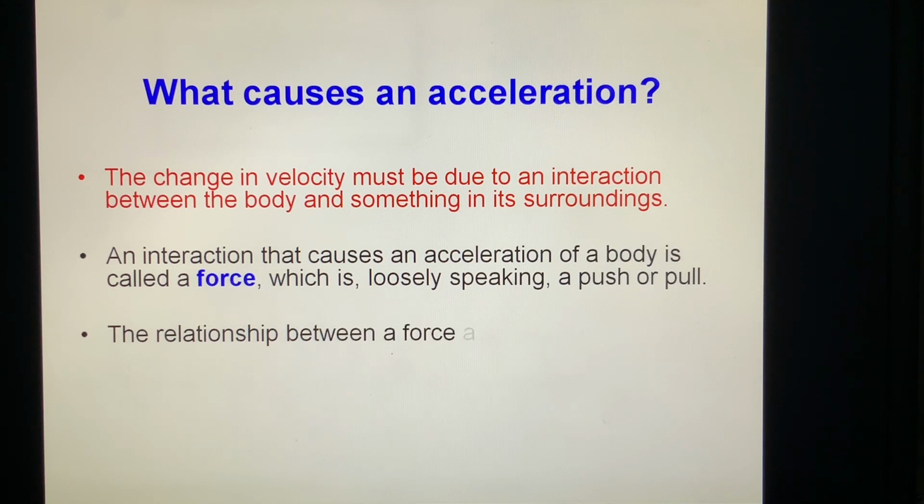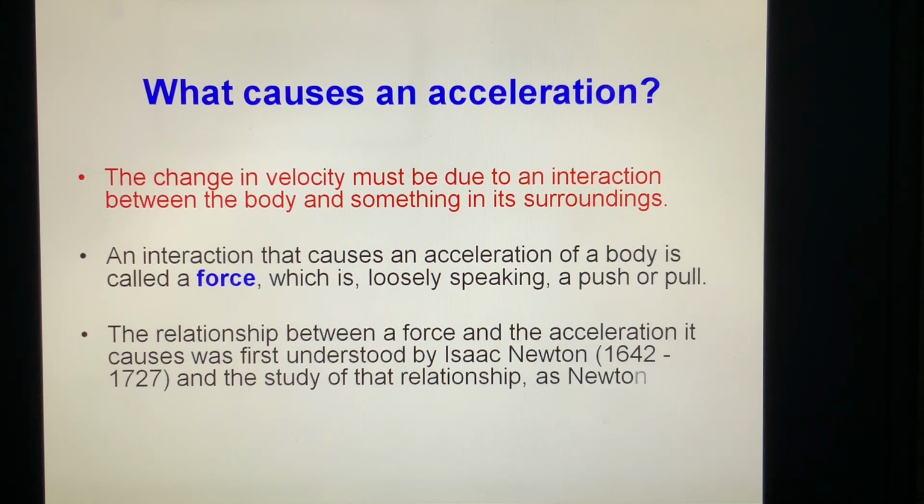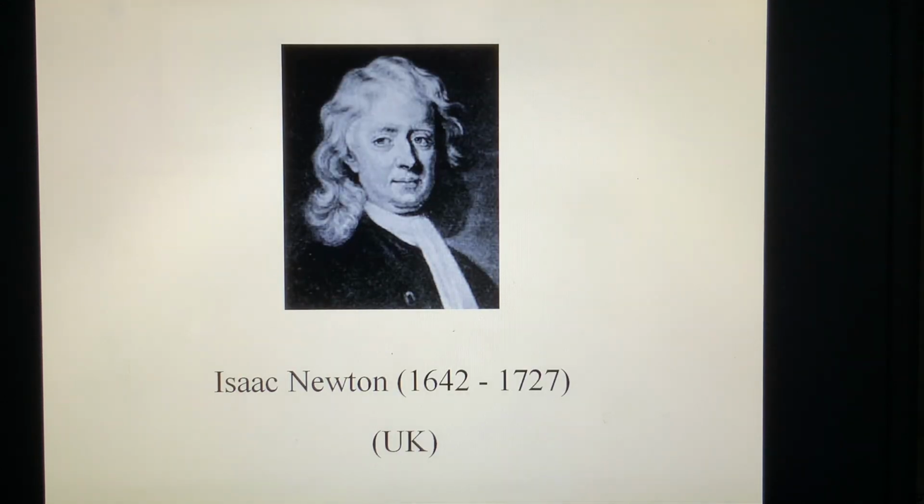The relationship between a force and the acceleration it causes was first understood by Isaac Newton, and the study of that relationship, as Newton presented it, is called Newtonian mechanics. Great scientist, Newton, everybody knows.